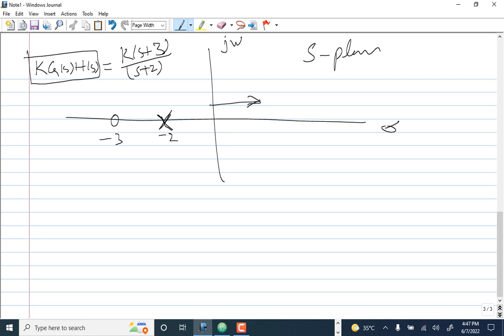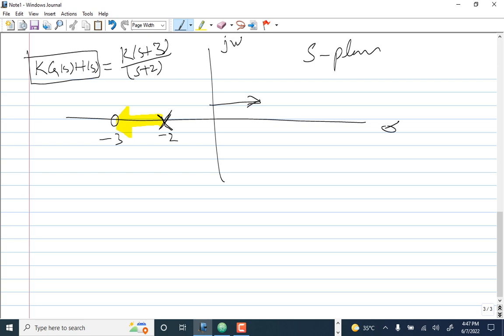When you come to this portion of the real axis, there is a single pole, so the number is odd. So you have a root locus that will start from the pole and go up to the next pole or zero. Now we find a zero, so this root locus starts from the pole and finishes at the zero. So this is the root locus for this particular example.